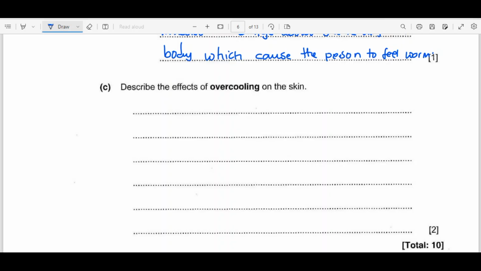Okay, so now we move on to question C. Describe the effects of overcooling. So with overcooling, the body loses too much heat.